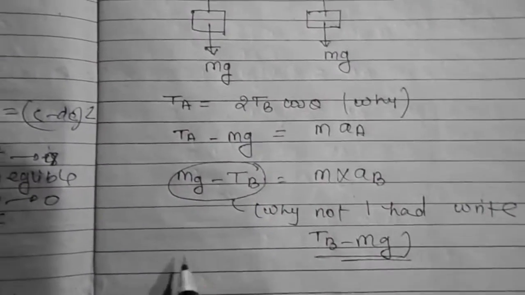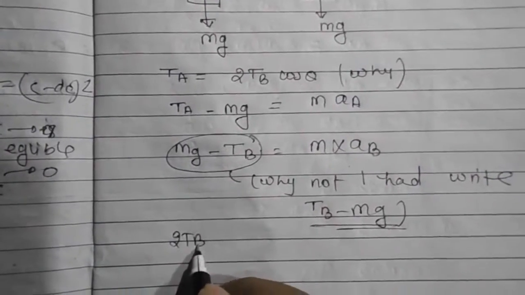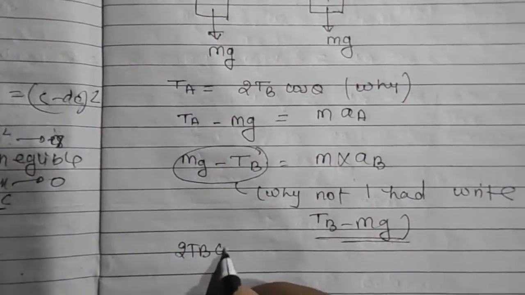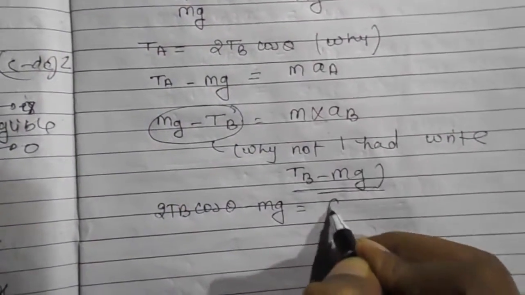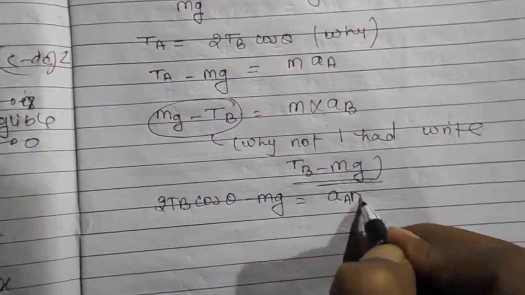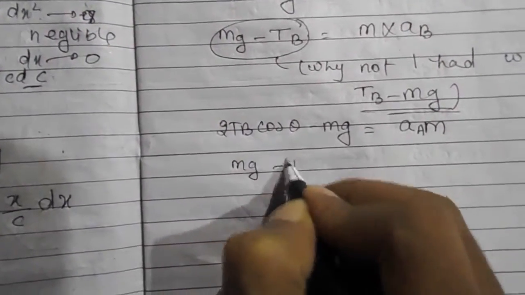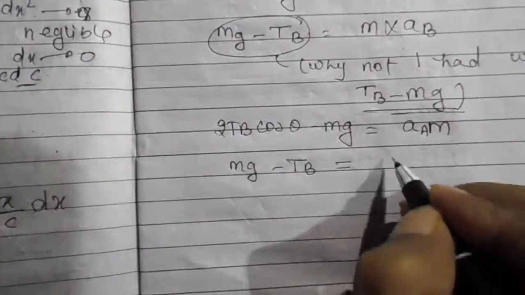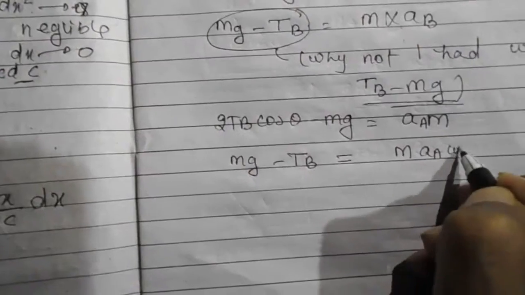Okay, if you see this carefully, what can I write? 2TB cos theta minus mg is equal to m into acceleration of A. Okay, and here mg minus TB is equal to m A cos theta.